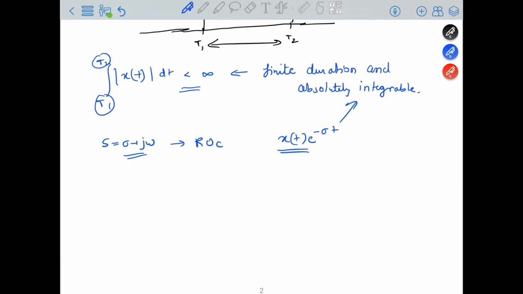So for this we have the integral from t1 to t2 of mod of x(t) e raised to the power minus sigma t dt, which should be less than infinity.